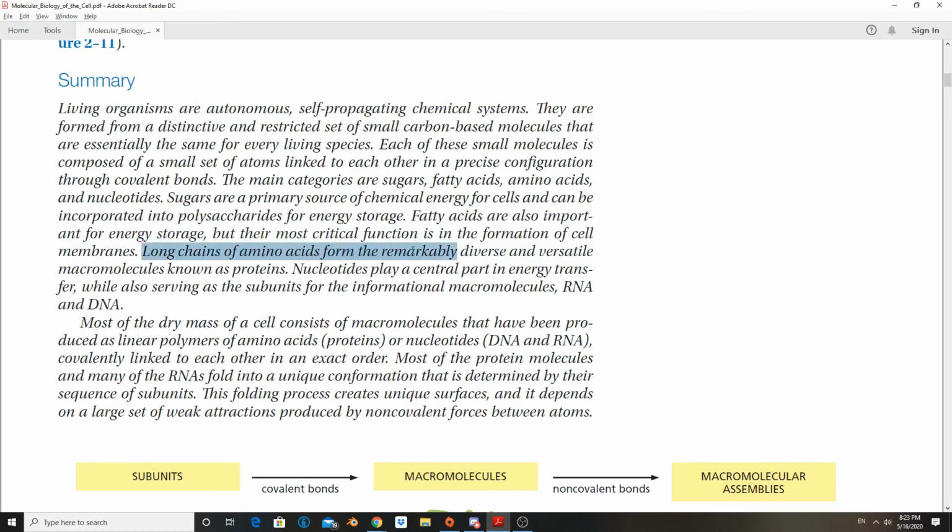Long chains of amino acids form the versatile macromolecules known as proteins. Partially true. Proteins can be made up of multiple polypeptides. Amino acids are just the small organic molecules of the macromolecule polypeptides. Nucleotides are important in energy transfer, while also serving as the subunits for informational macromolecules RNA and DNA.